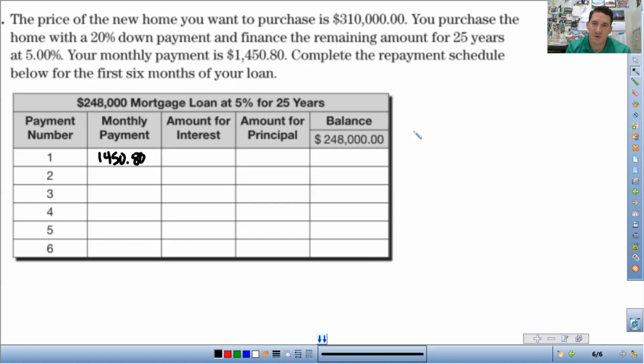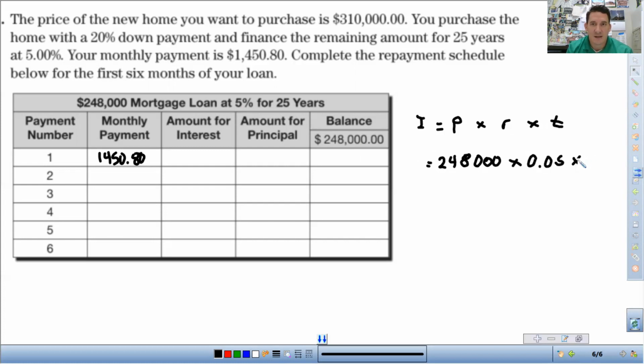To figure out the amount of interest, it is that simple interest formula, which is the principal times the rate times the time. For the principal, we use 248,000, times the rate of 5%. That's a little better interest rate than the 8% we've been seeing a lot in these problems. Times, remember, time for these is always 1/12.